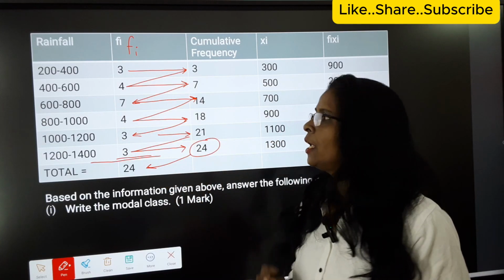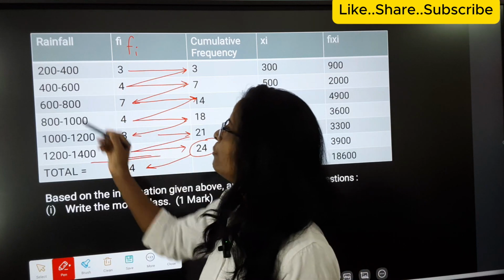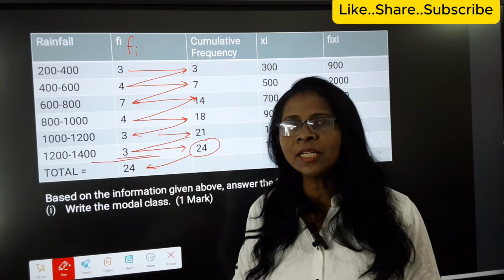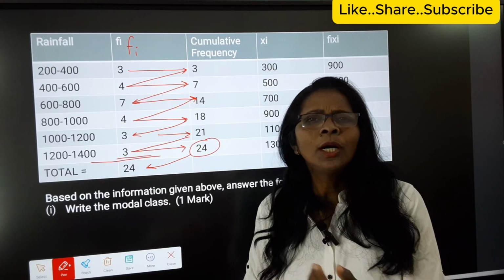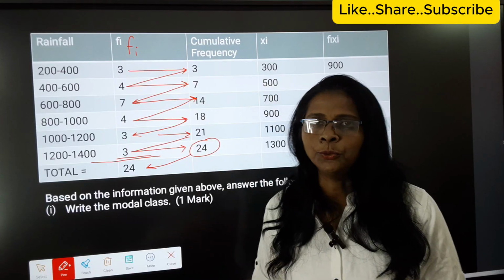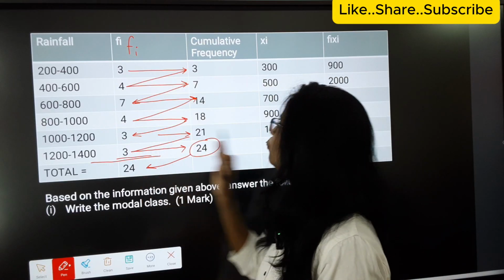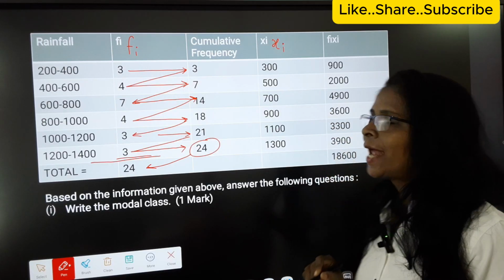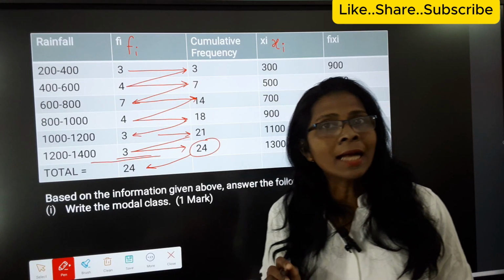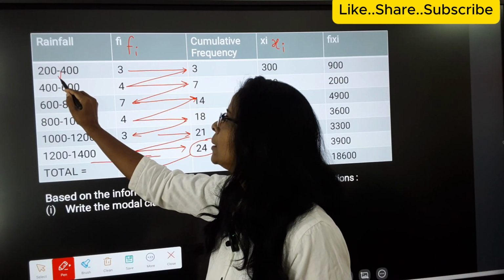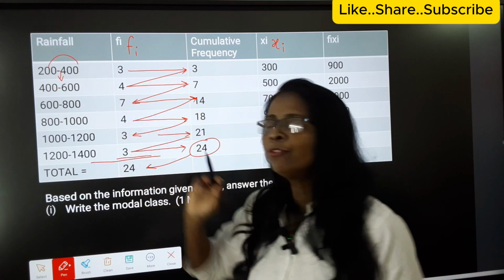Now dear students, if you observe these rainfalls, these classes are continuous, so do not worry about making the classes continuous. It is already continuous. Now the fourth column is for xi, and xi means the class mark, the middle term between the class limits.